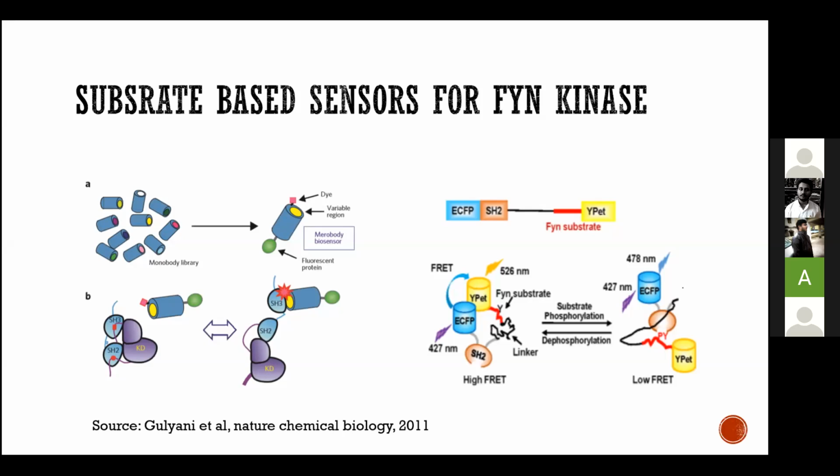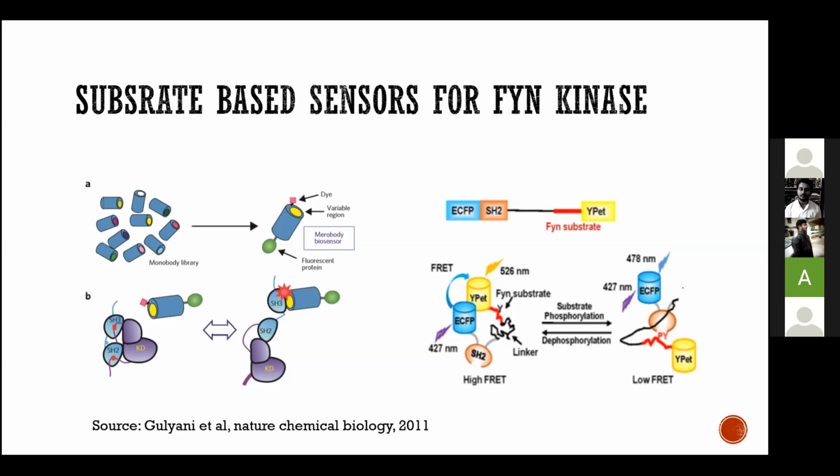Right now we are looking at a substrate-based biosensor on the right. You can see there is an SH2 domain, which is genetically modified. You take the SH2 domain of the kinase, attach an ECFP fluorescent molecule to it, then there is a linker which has a Fyn substrate, which is then linked to YPET.